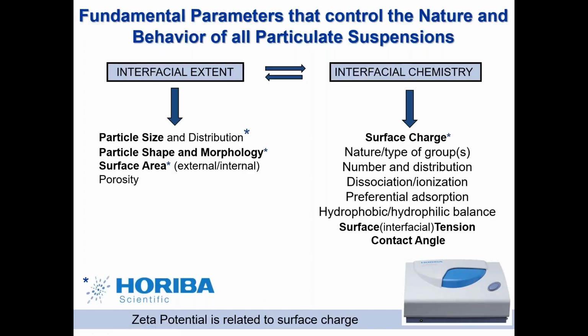Alternatively, a change in interfacial chemistry may be brought about by, say, adjustment of solution pH or addition of an electrolyte, which can result in particle aggregation, which in turn reduces the extent of exposed surface area. The influence of changes in these two parameters permeates every aspect of suspension formulation, manufacture, and testing. To talk about that, of course, is a separate topic for another day. Suffice to say that both parameters need to be measured.